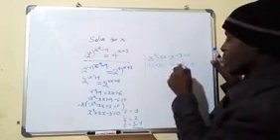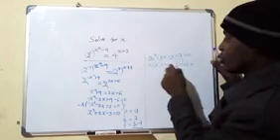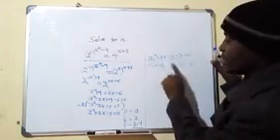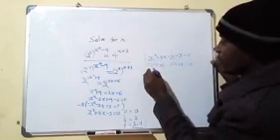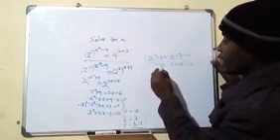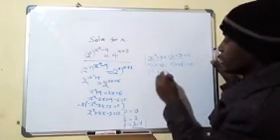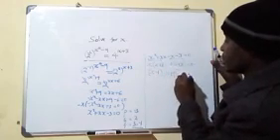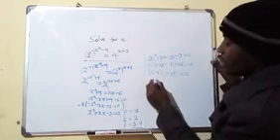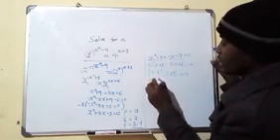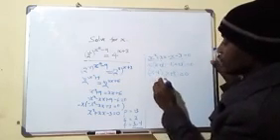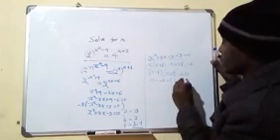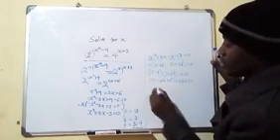So now that we have the common factor, this is common, therefore we'll maintain it and also factorize this. So I'll therefore say x minus 1, and also x plus 3, which is equal to 0. So this can be x minus 1 is equal to 0, or x plus 3 is equal to 0.